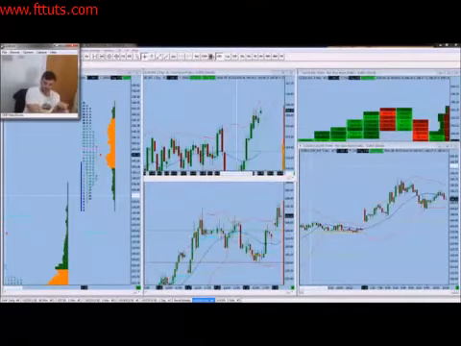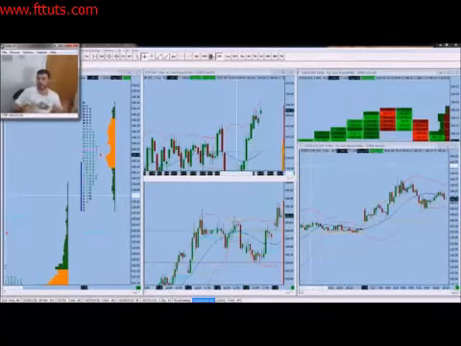Closing gaps are incredibly important, as are naked VPOCs. Out of all of them, the high volume node is the one to be most cautious with, and the rest of them are incredibly important.